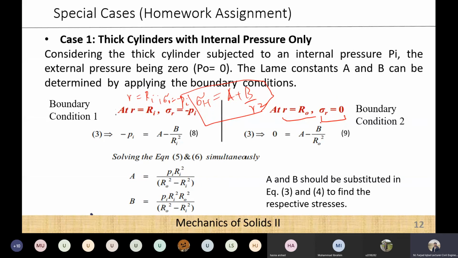Using these two boundary conditions, we will determine the values of A and B, which will come out to be these values. You substitute these values into equations 3 and 4, and you will get the equation for radial and hoop stresses for this special case in which only the internal pressure is acting. You just have to do the same procedure and you will get the expression for radial and hoop stresses.